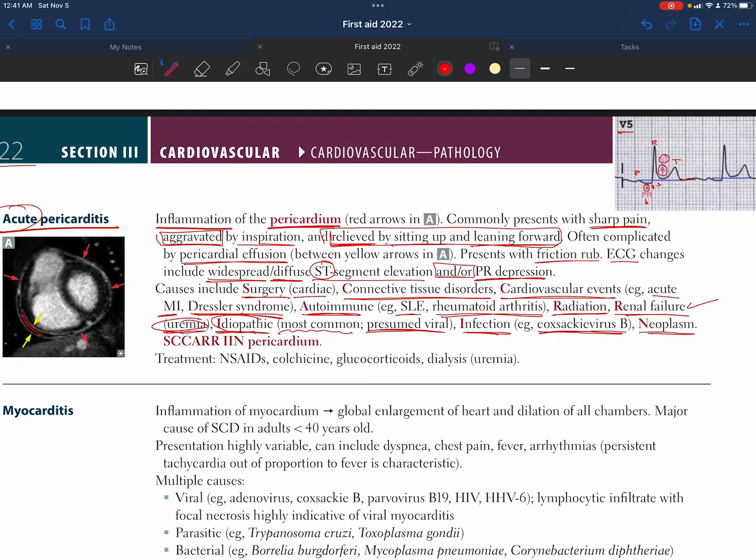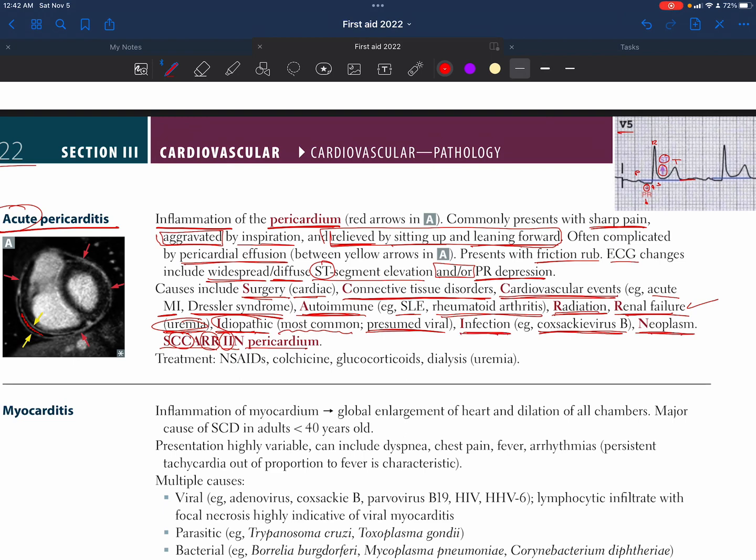So in order to memorize it, it's just like a SCAR in pericardium with 2C, 2R, and 2I. So again, quickly, it's surgery like cardiac surgery, connective tissue disorders, cardiovascular events, autoimmune, radiation, renal failure, then infection, neoplasm, and that's it.